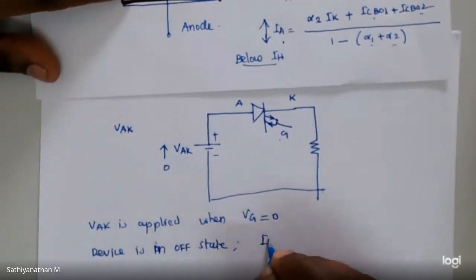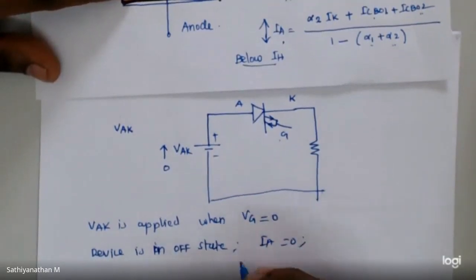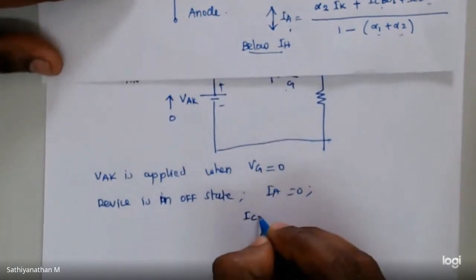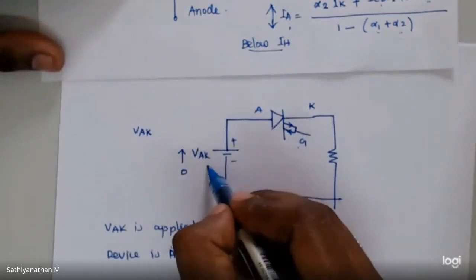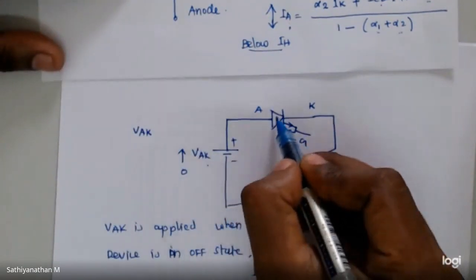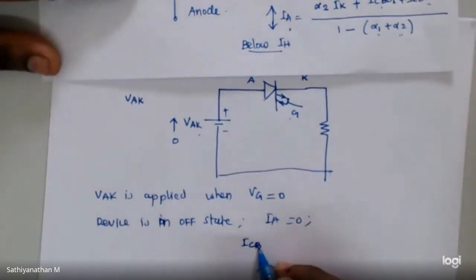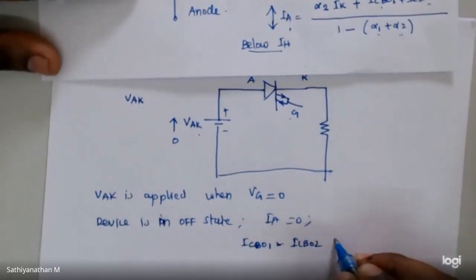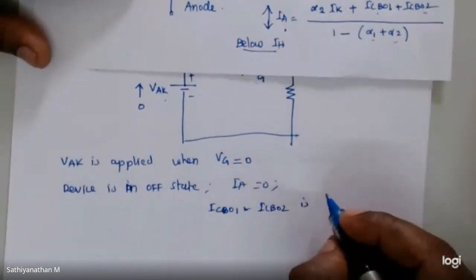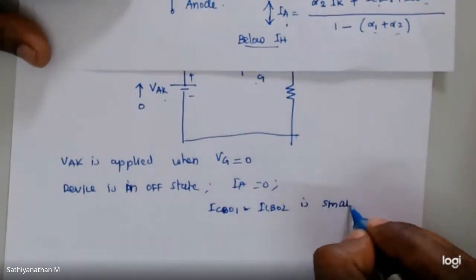So your anode current is 0, and there is a leakage current across the device, because you have applied VAK. So across the junctions, IC B01 and IC B02, you have a current which is very, very small.